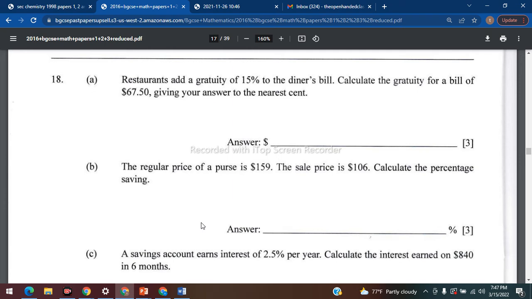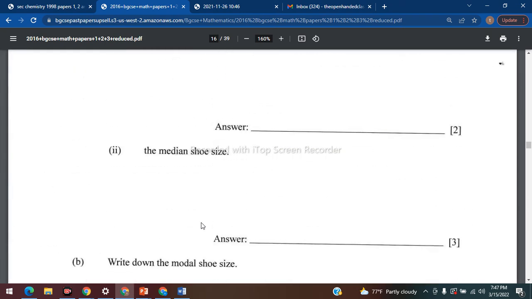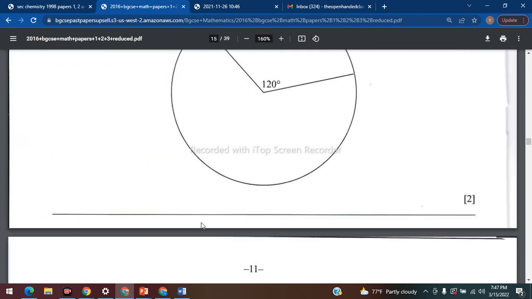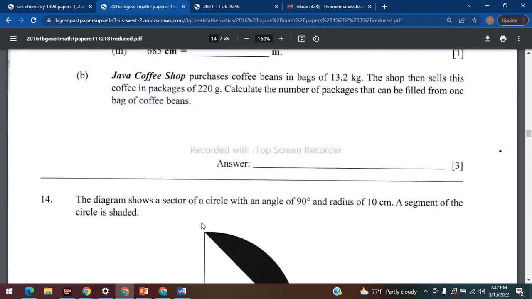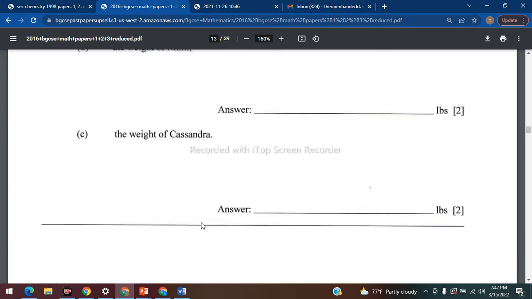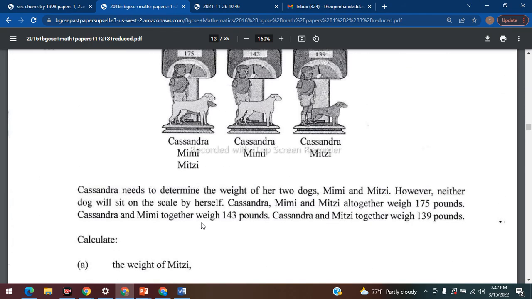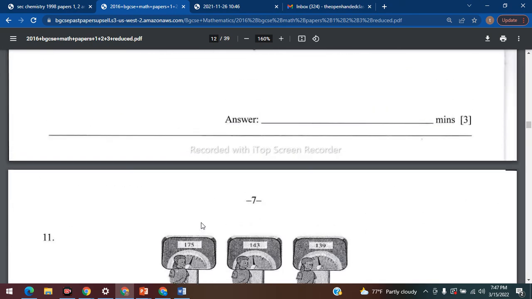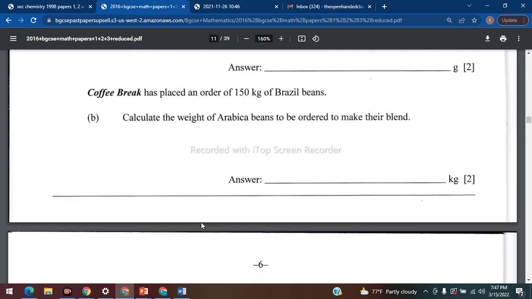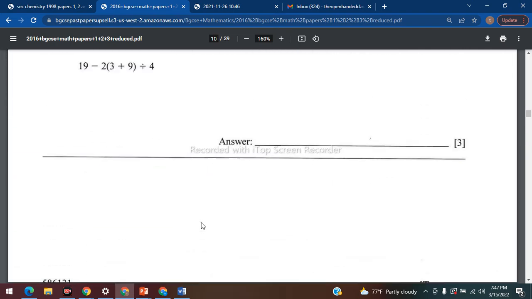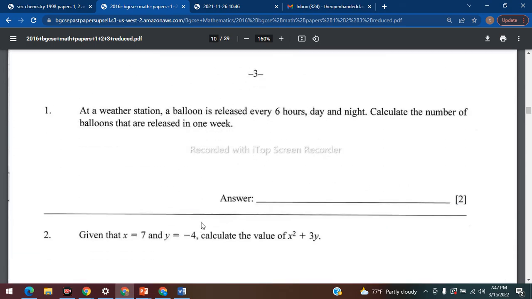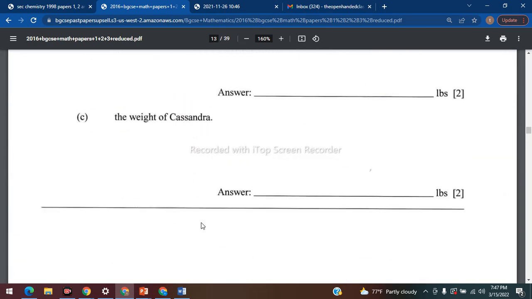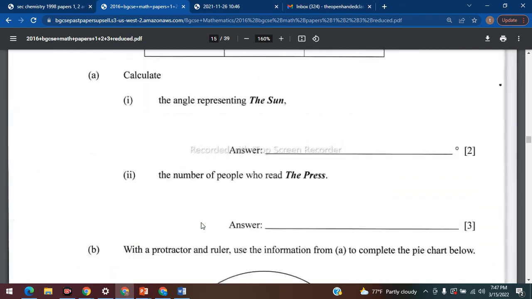Have we done this paper before? I feel like we've done this paper before. Yes, we did. We did paper 1, 2016. Yes, we have. So are we doing my question again?